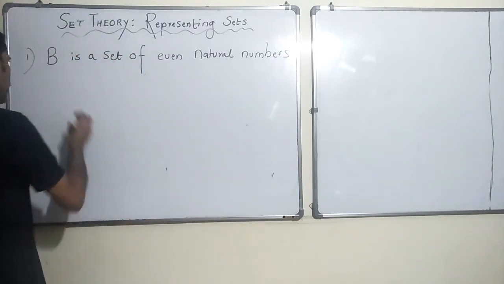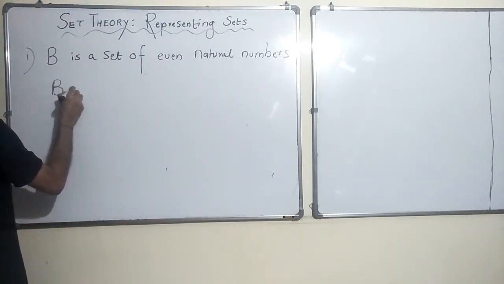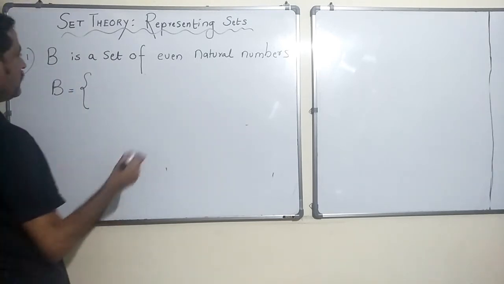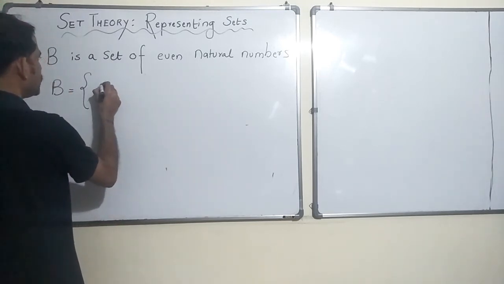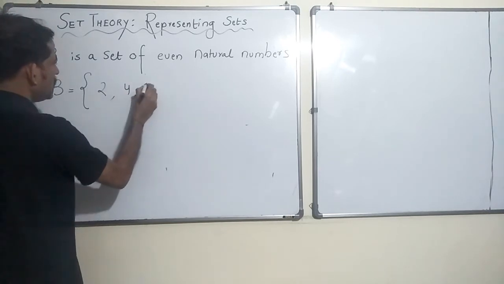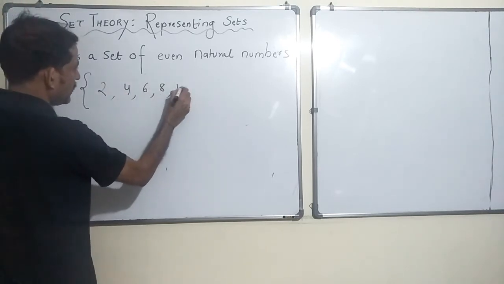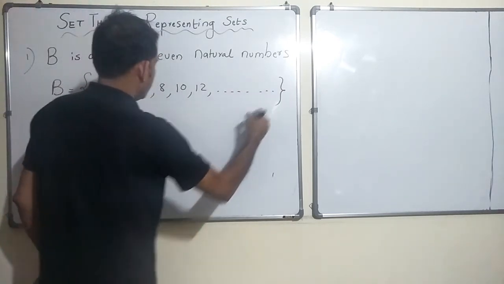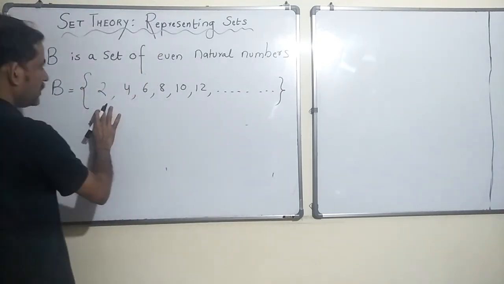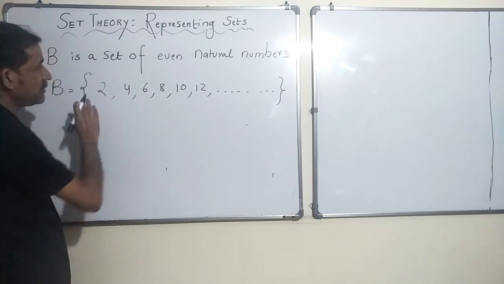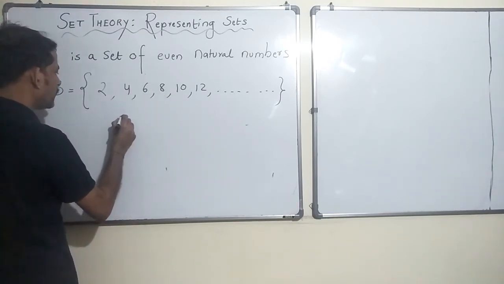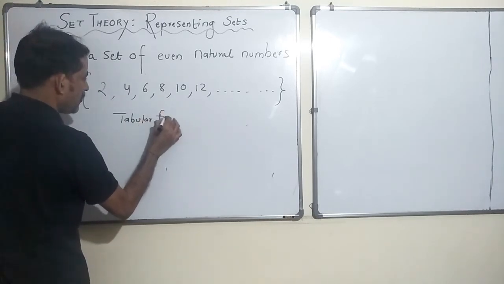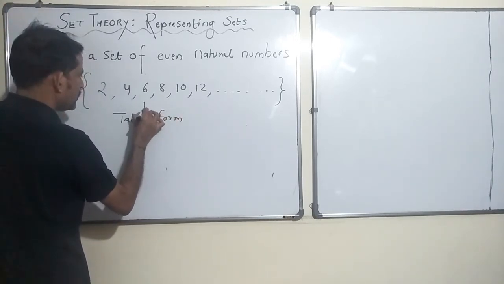Let's start with the tabular form. Even natural numbers: 2, 4, 6, 8, 10, 12 and so on and so forth. These are even numbers and natural numbers too. So this is the tabular form.